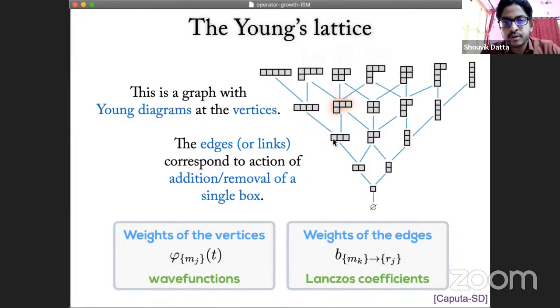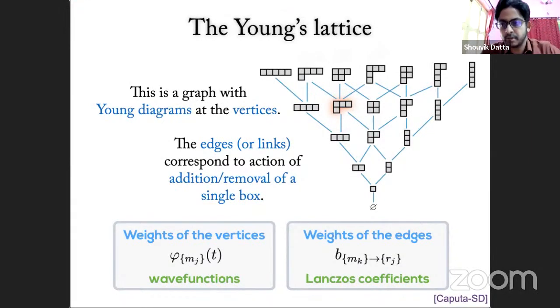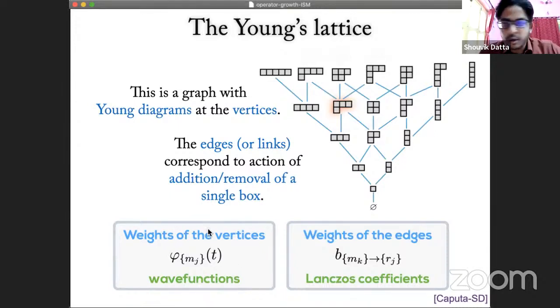And the edges, or links or bonds, of this lattice correspond to the addition or the removal of a single box. In order to relate these things to the Lanczos algorithm, the weights associated to the vertices correspond to the wave functions of the evolved state. And the weights associated to the edges correspond to the Lanczos coefficients, which is given by this.